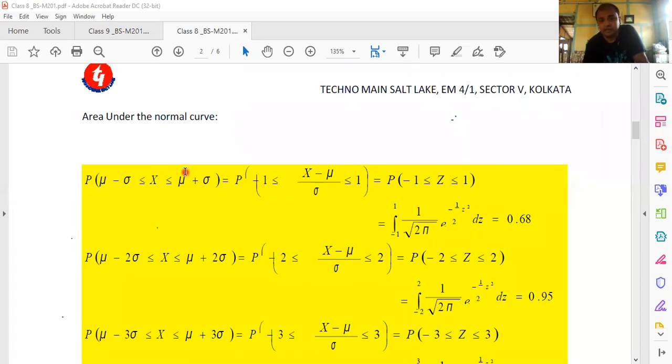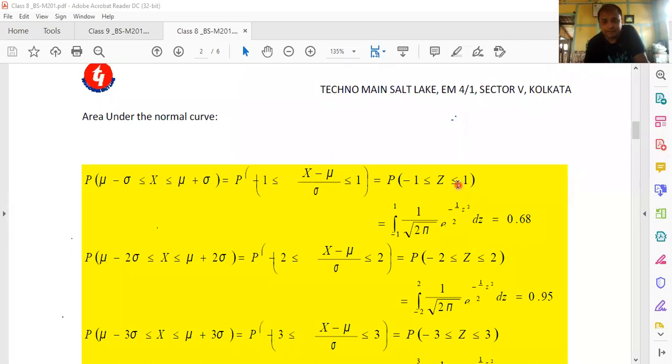The inequality will not change because sigma is a positive quantity. Since it is an inequality, you have to subtract mu not only from the middle but from all sides of the inequality. This is school mathematics, which I'm not going to explain. After this transformation, we get z between 2 points: -1 and +1.